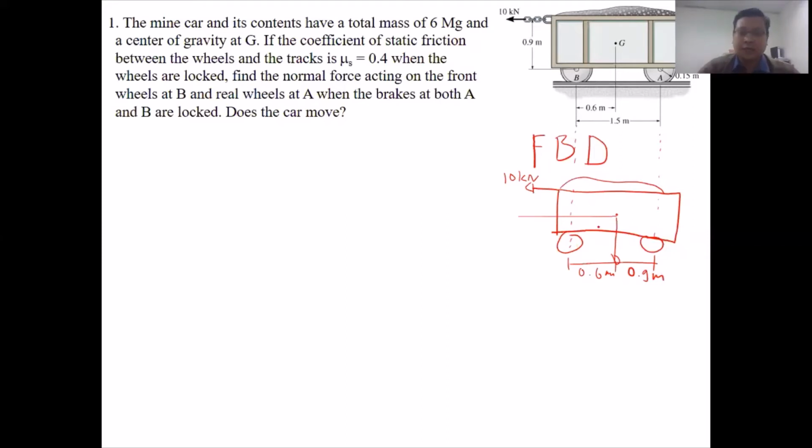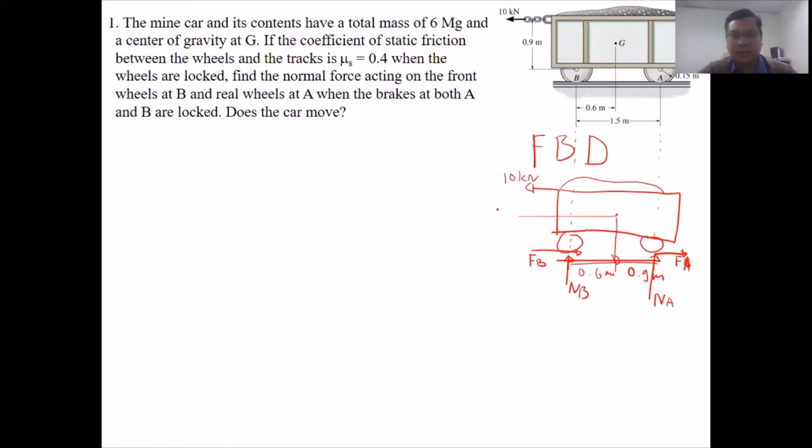After that, we can show the forces acting at wheel B as normal force NB, and also the friction force FB. At point A we have FA and also normal force NA.